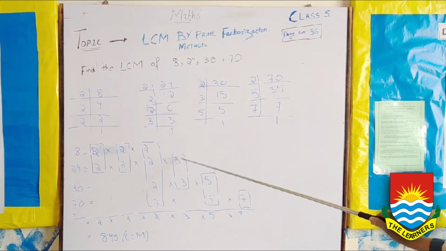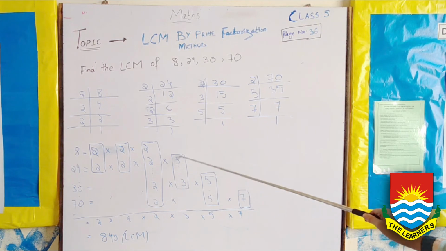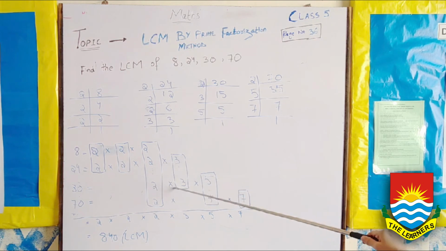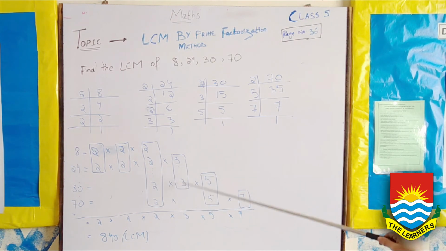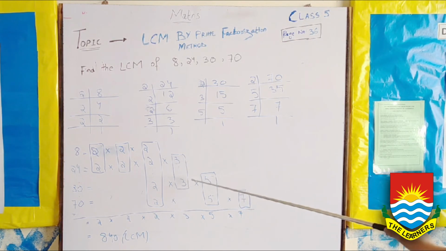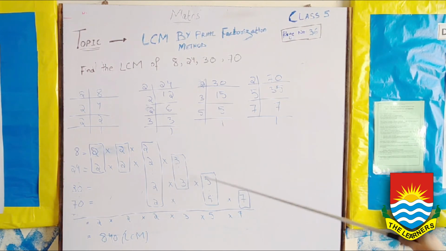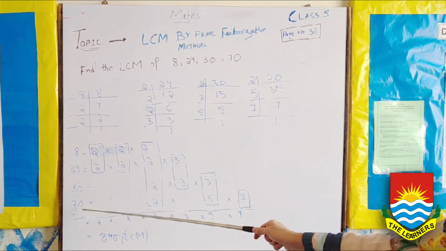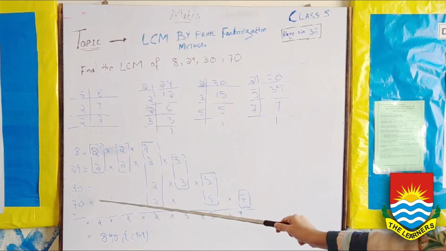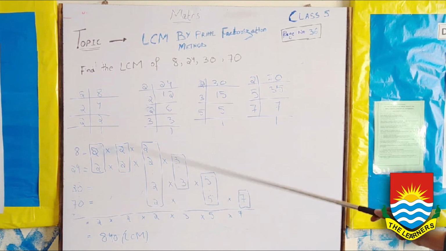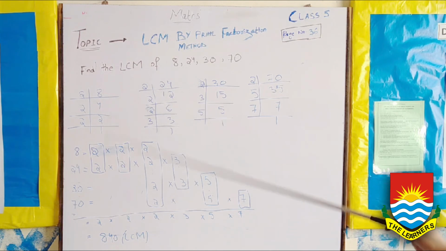We have to write down the 3 in order: 2, 2, multiplied by 3. We have to write down the 3 below the 3, multiplied by 5, because we have to arrange them horizontally. Now 70. We cannot write the 2s here because then the sequence of this order will be disturbed.